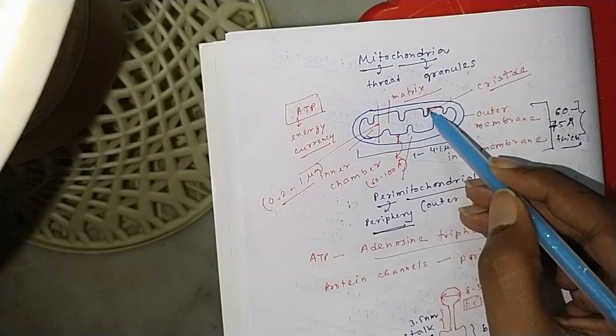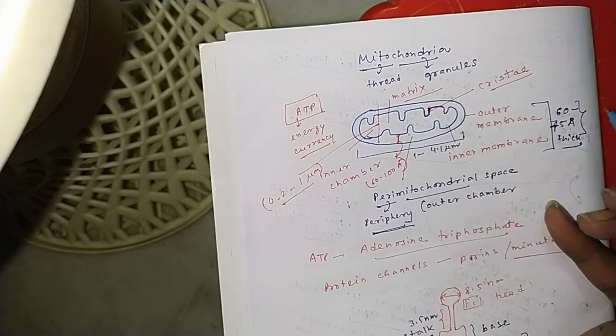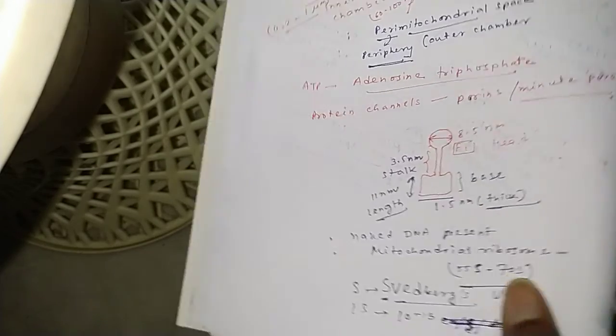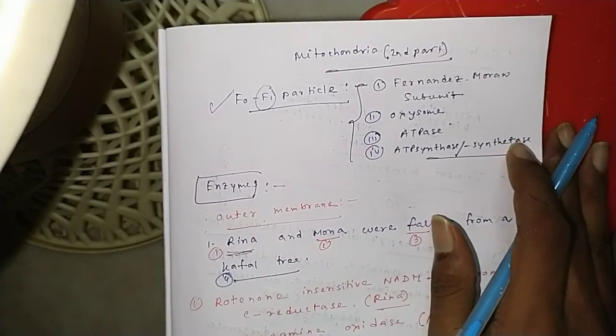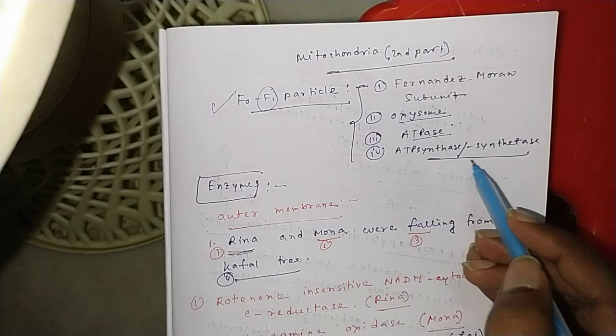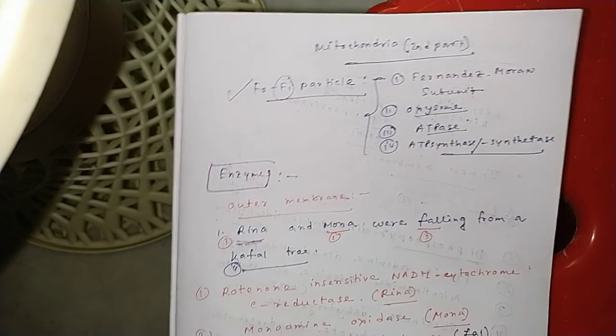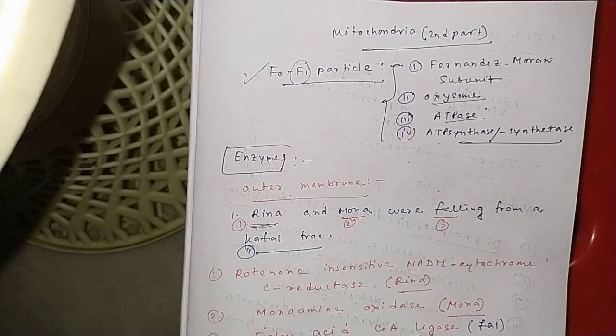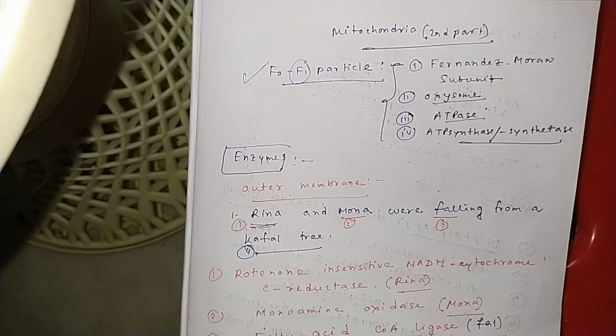In the cristae, or in the inner membrane, we have the Fernandez-Moran subunit, which is also called the F0 F1 particle. Okay, and it is also called the Fernandez-Moran subunit. It is also called oxysome, ATPase or ATP synthetase or synthase. Okay, now we'll be talking in detail about the F0F1 particles in our next lecture about the F0F1 particle.